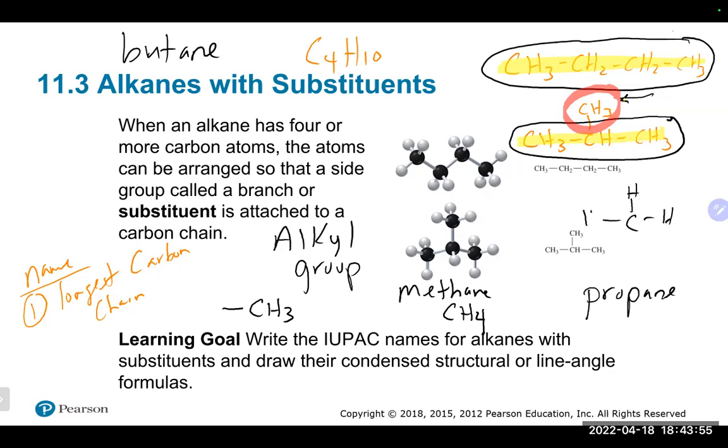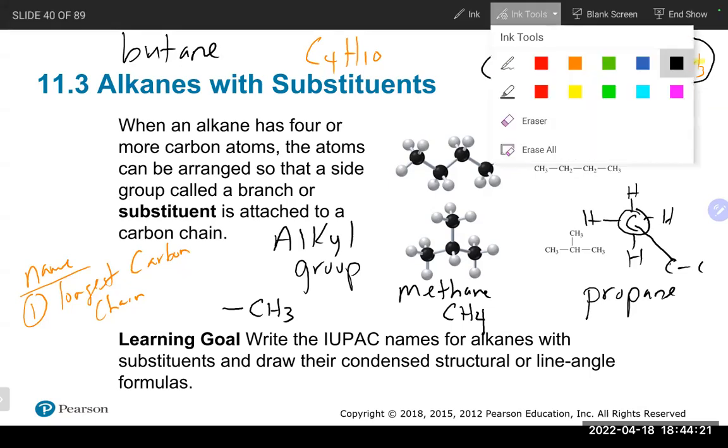Because with methane, if I drew methane and I wanted to attach methane to another carbon chain, can I attach it just like that? I cannot, because now this carbon has too many bonds. So what an alkyl group is, or a group like this, is basically one of those alkanes that is missing a hydrogen. And it's missing a hydrogen because then it's able to actually attach.